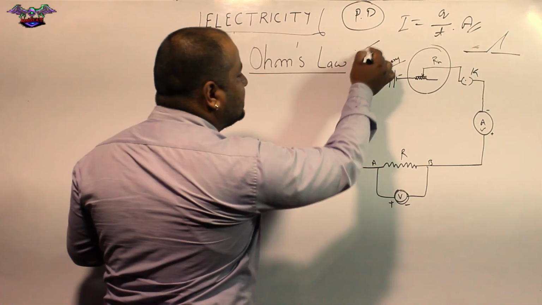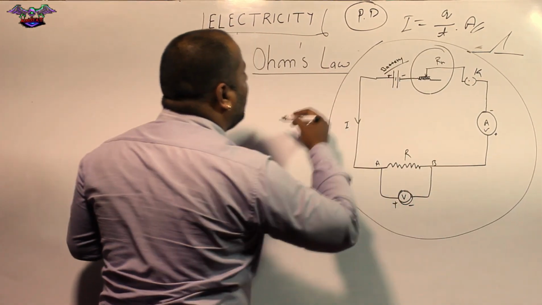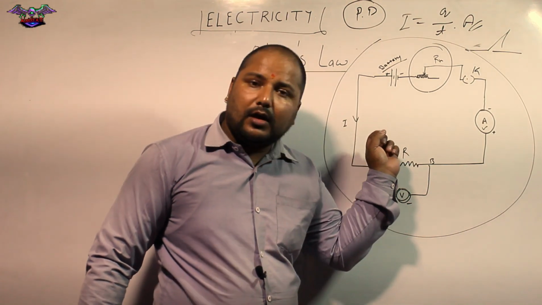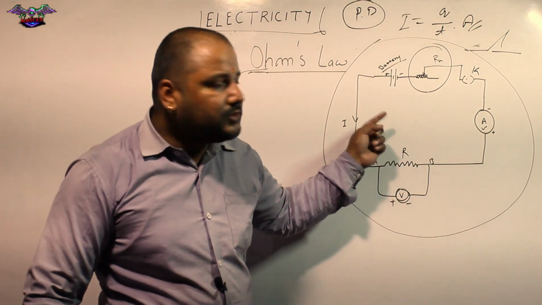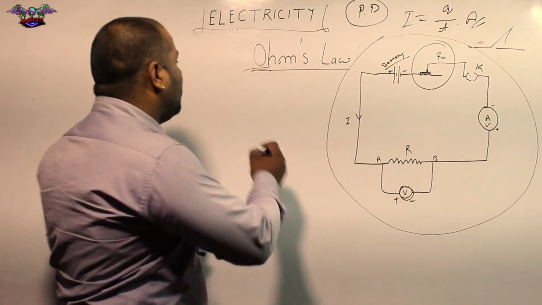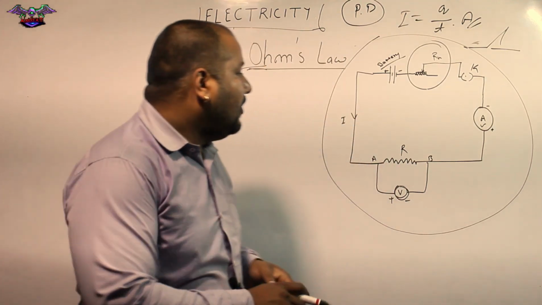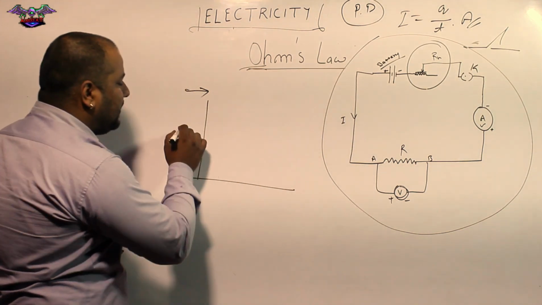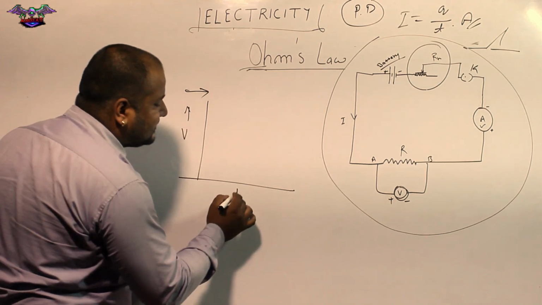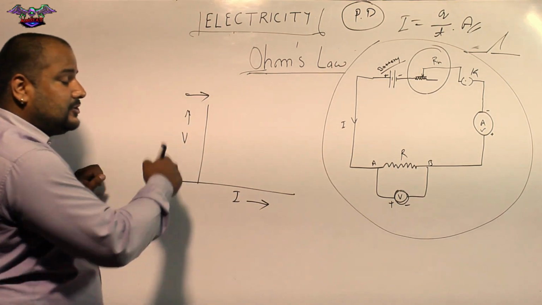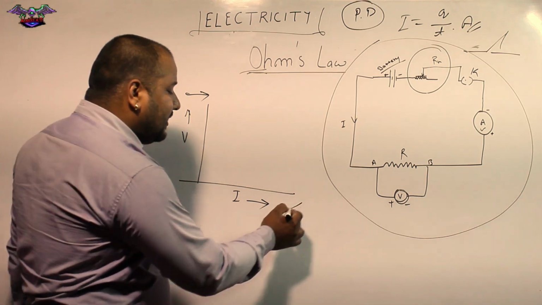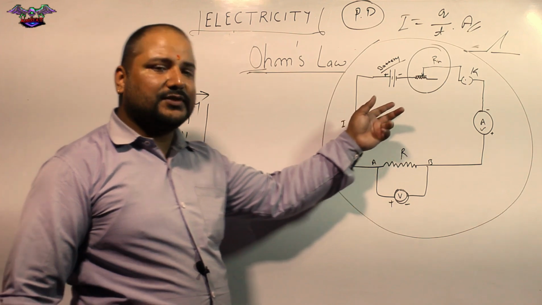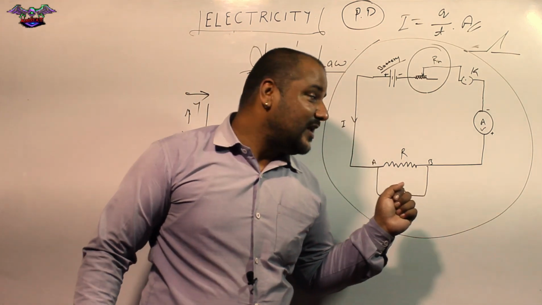Now, the whole system is an experiment of Ohm, and the result of this electric circuit is called Ohm's law. What he observed: for example, if I take voltage on the y-axis and current on the x-axis, he plotted a graph of the voltage versus the current from this circuit.